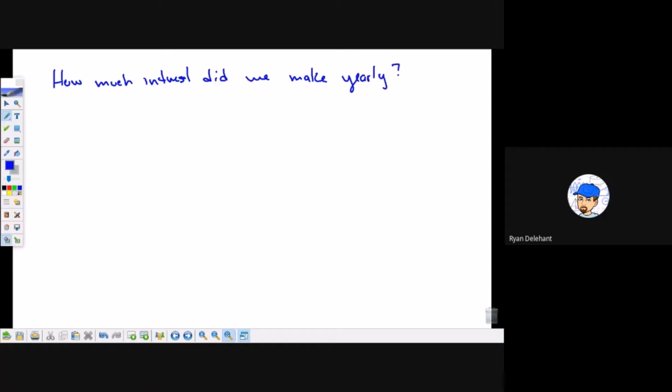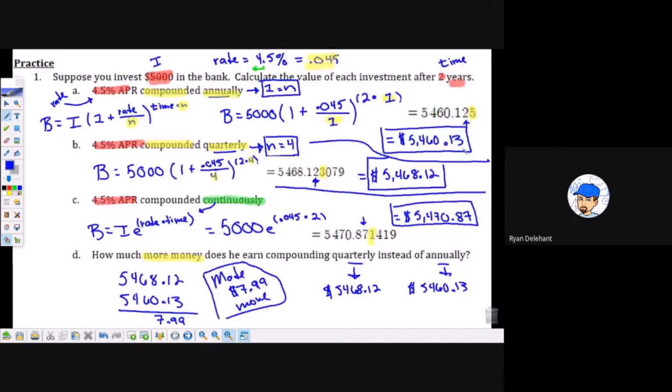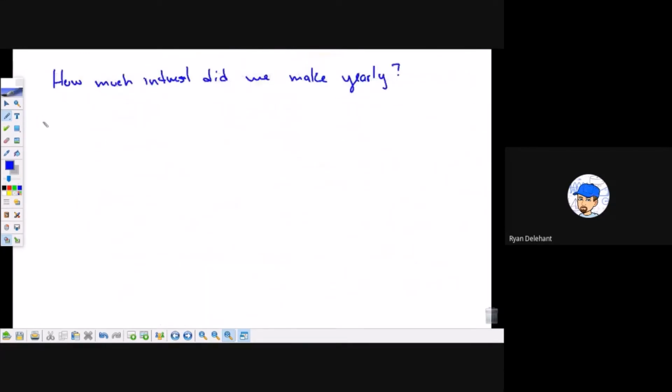That was our $5,460.13. So we know that at the end of 2 years, we had $5,460.13. That was it, wasn't it? Or was it 12? Oh, it was 13.